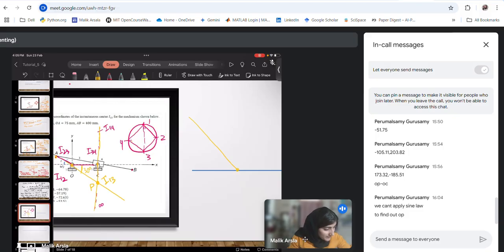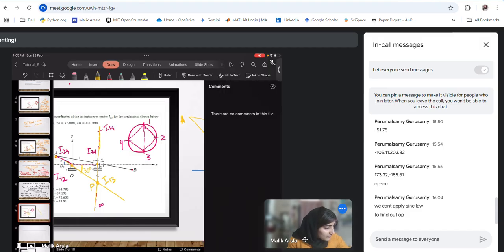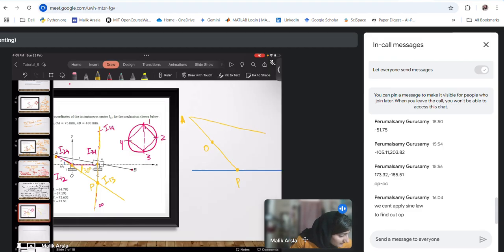This is point P, this is point O, and this is point A. Sorry, this is a perpendicular here, and this is point C. Now you can connect this point like this.